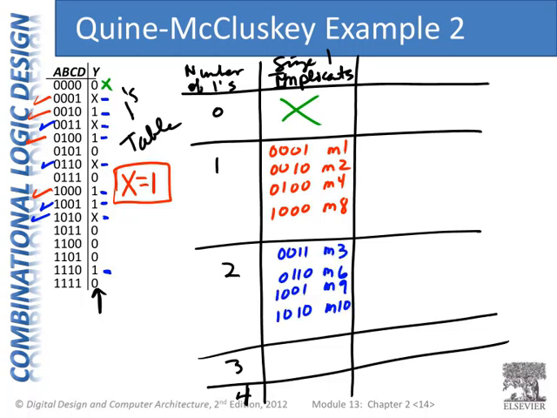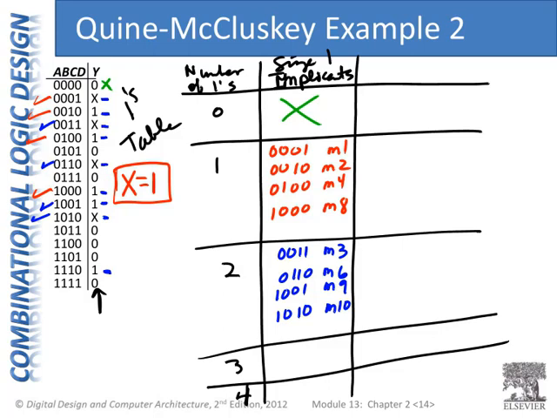Now we look at any min terms that have 3 ones where the output is either a 1 or a don't care. The first possibility is 7, but that output's a 0, so not included in our table.